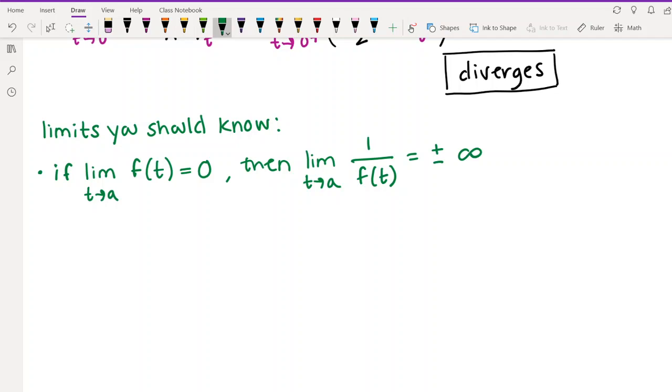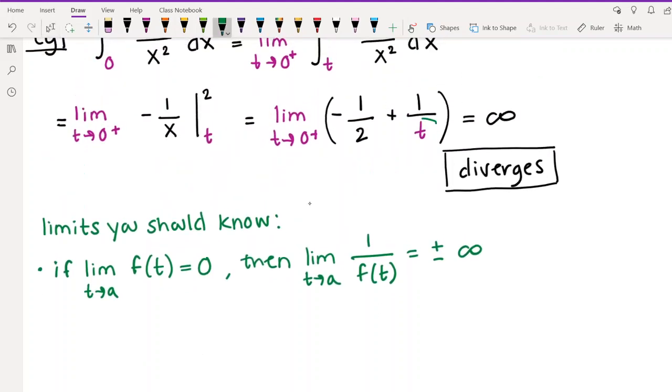It depends on what the function is, what you're approaching, whether you're approaching from the left or the right. But this is basically the situation we saw. We had a denominator that was going to 0 and a numerator that was just 1. And so in this case, we got positive infinity, but if, for example, this was -1 or this was negative t, or if we were approaching from the left instead of the right, then we would get negative infinity. But regardless, anytime you're dividing 1 by a number very, very close to 0, regardless of whether it's positive or negative, you're going to get a result that's either a very large positive number or a very small negative number.